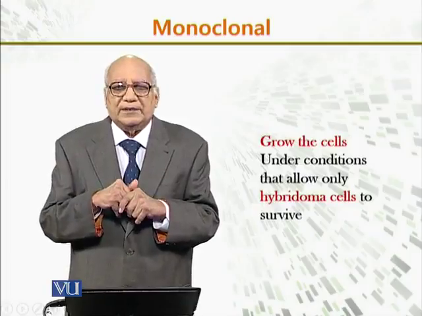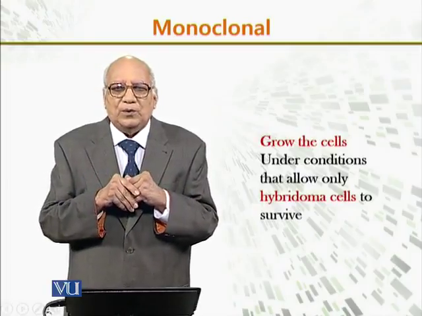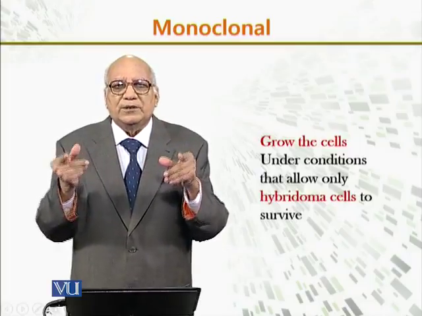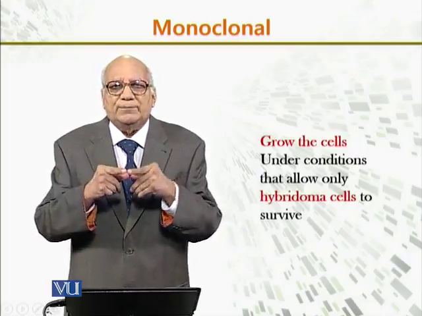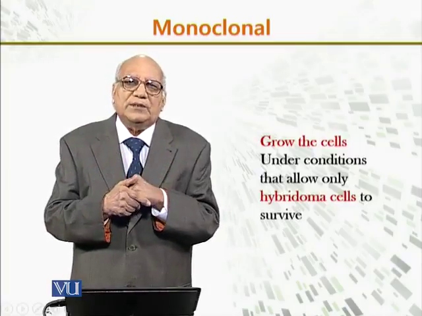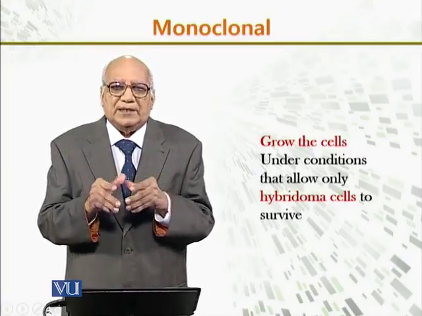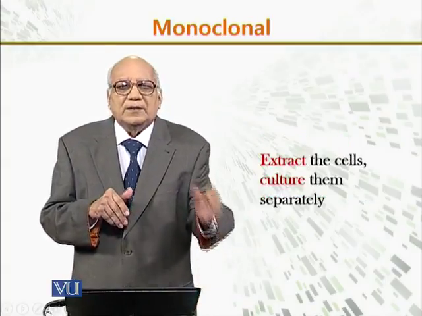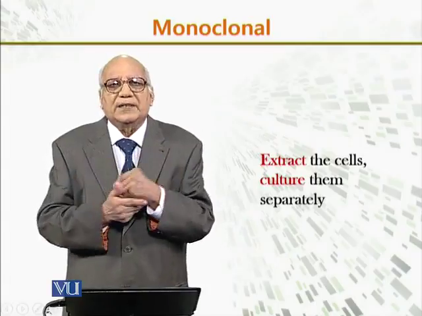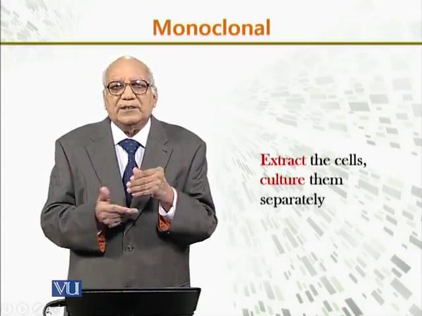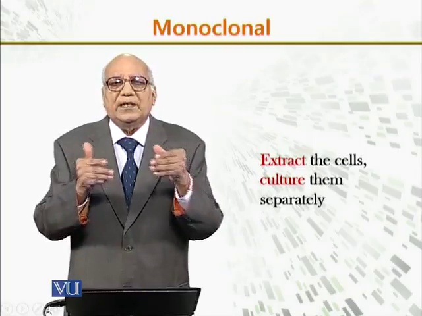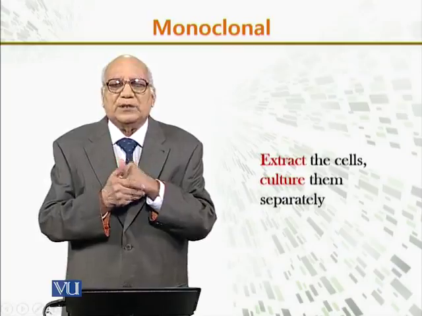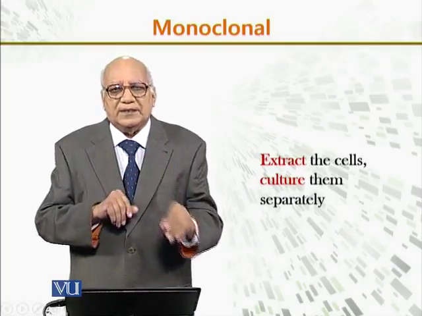Then grow the cells under conditions that allow only hybridoma cells to survive. We have to take that mixture and grow it under conditions where only hybridoma cells can survive. Now, after the hybridoma cells have grown in sufficient quantity, we extract the cell culture and separate those hybridomas from the other cells.